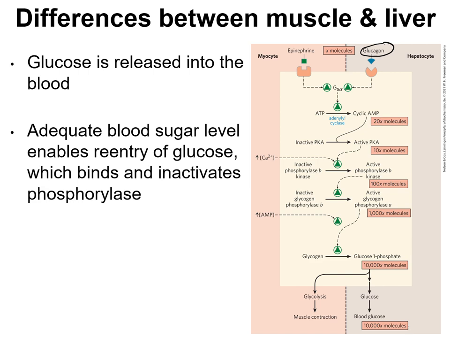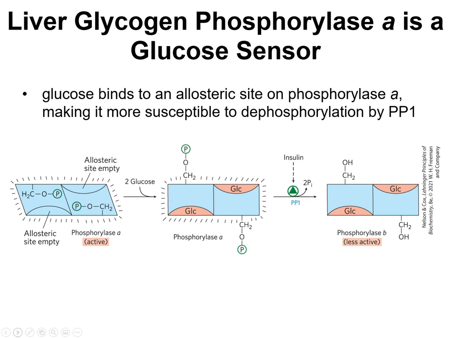Once you have an adequate blood sugar level, that glucose is going to start re-entering the cells in the liver, the hepatocytes. And the binding of glucose inactivates the phosphorylase A. Glucose binds to an allosteric site, which means that it's a site that's far away from the active site.